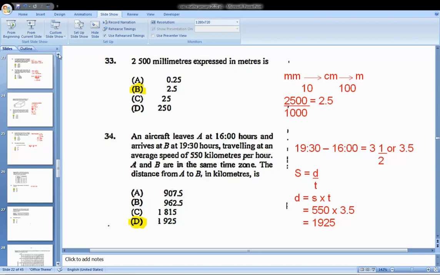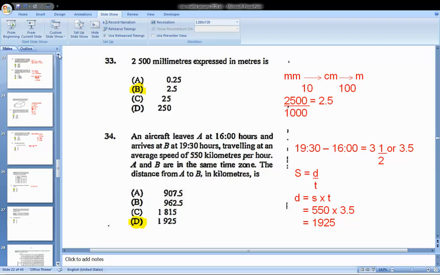34 says, an aircraft leaves A at 1600 hours and arrives at B at 1930 hours, traveling at an average speed of 550 kilometers per hour. A and B are in the same time zone.